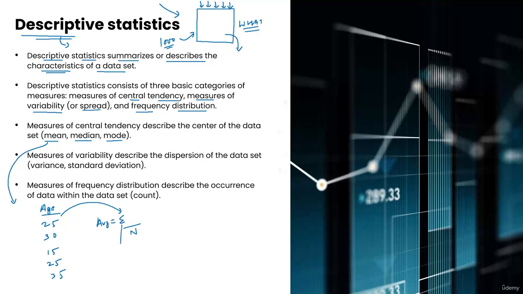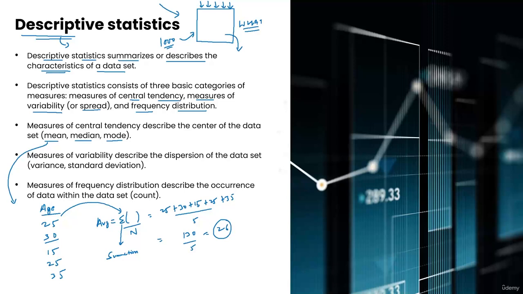This is the symbol for summation. Now, this is 25 plus 30 plus 15 plus 25 plus 35 divided by 5, which is 130 divided by 5, and this becomes 26. So the average age becomes 26.